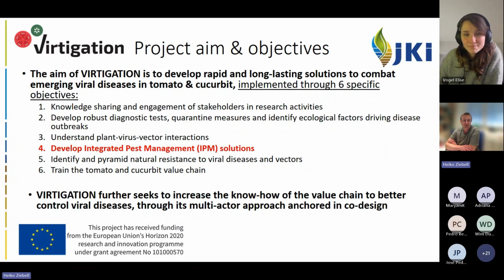Then, develop robust diagnostic tests, quarantine measures, and identify ecological factors driving disease outbreaks, understanding plant virus vector interactions, and Objective 5, the development of integrated pest management solutions. Cross protection is seen as one possible solution. But we also want to identify and pyramid natural resistances to viral diseases and vectors, and train the tomato and cucurbit value chain.